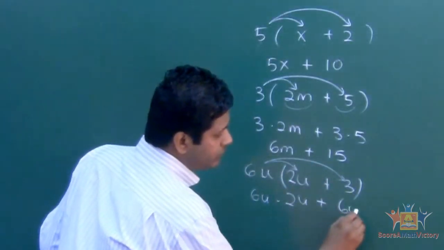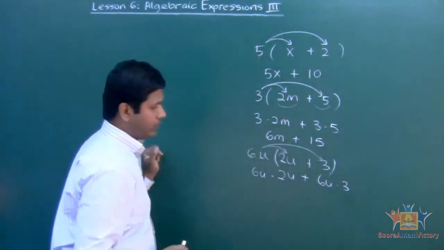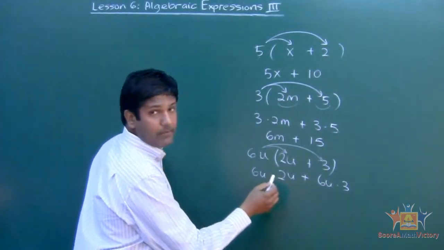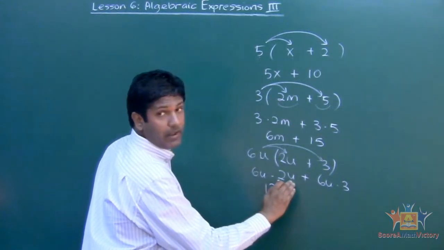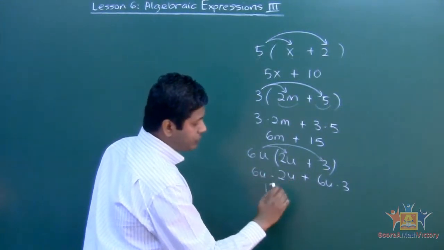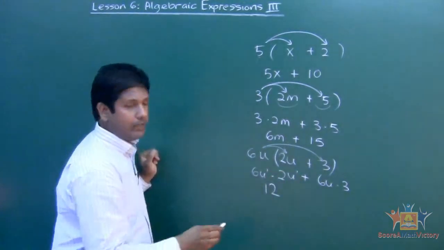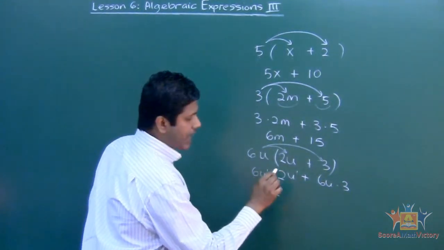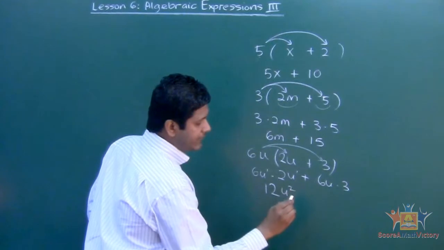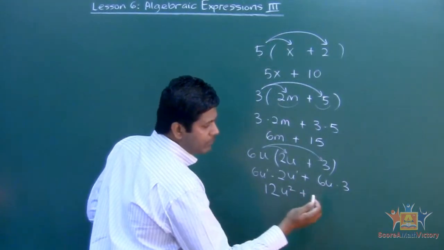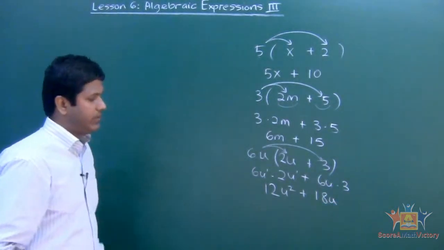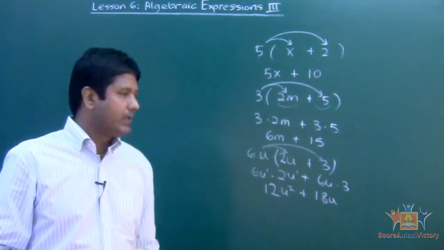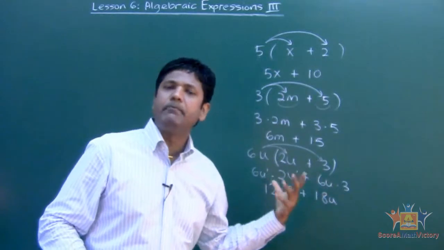Number and number multiply: 6 times 2 is 12. Variable and variable, you multiply u times u because you have power 1, power 1. The bases are identical, so you add the powers, so u to the second power, plus number and number, you multiply: 6 times 3 is 18u. Rewrite that. See that? And that's what you call expanding the bracket.